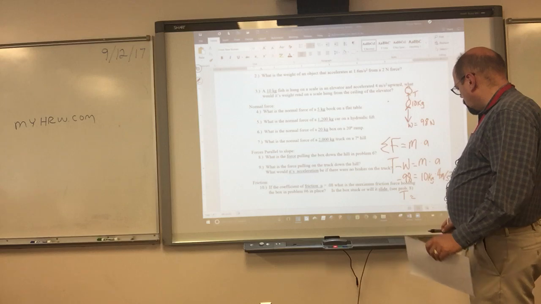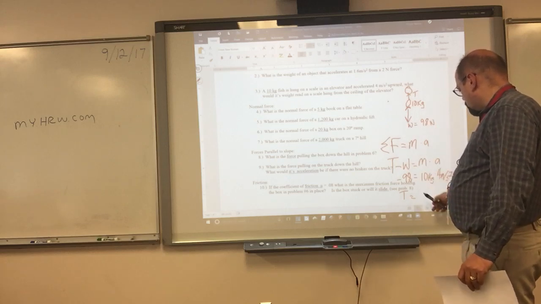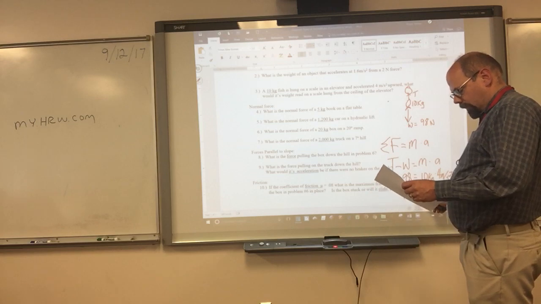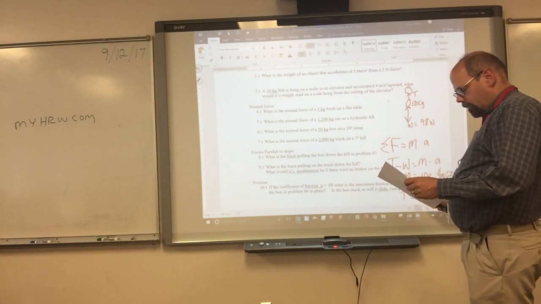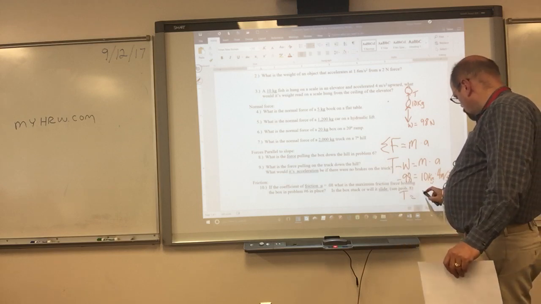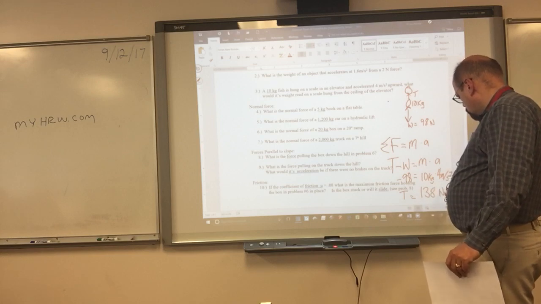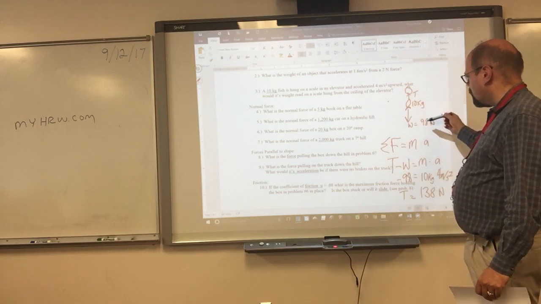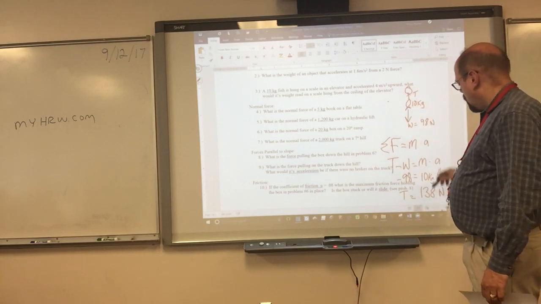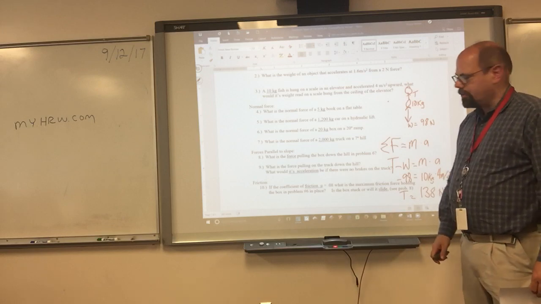This is minus 98 because of the direction of that. When we work these all out, it's going to be 40 plus 98, so that's going to come out to 138. Okay, so the weight on the scale up here is more than what the fish would weigh, which is 98, because it's also accelerating. So that is in addition. The tension is going to come out to be 138 newtons.